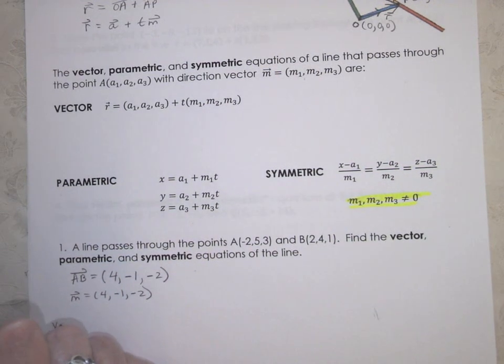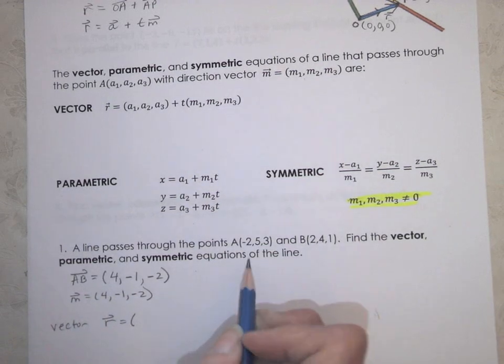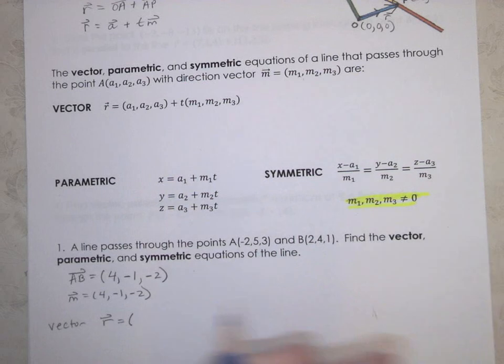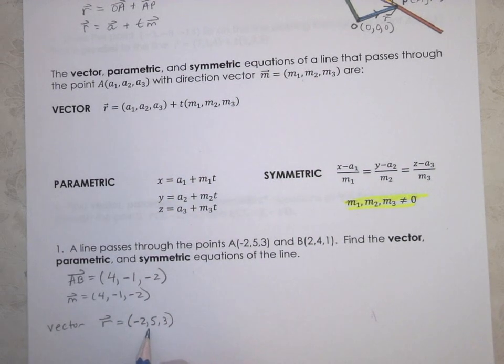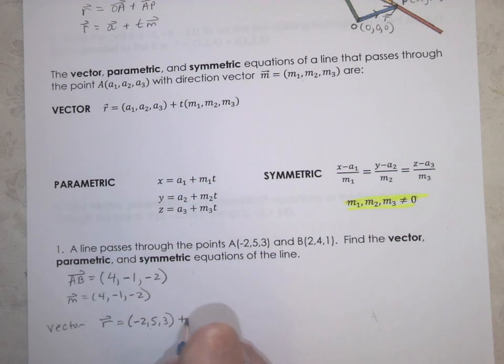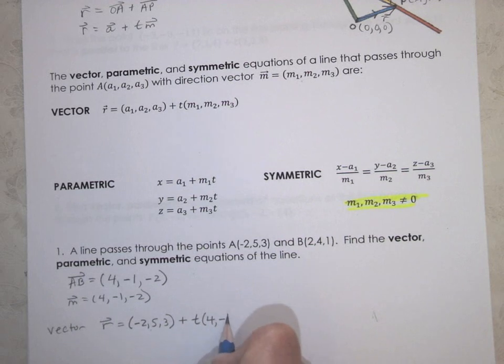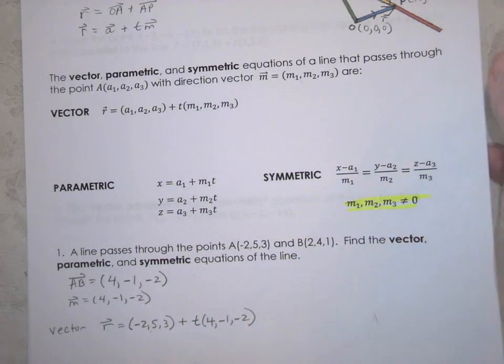So our vector equation is going to be R equals, and we could choose either point A or point B. I'm going to choose point A, -2, 5, 3. So this represents the vector from 0, 0, 0 to -2, 5, 3, plus the parameter t times the direction vector 4, -1, -2. So there's the vector equation of the line in 3-space.